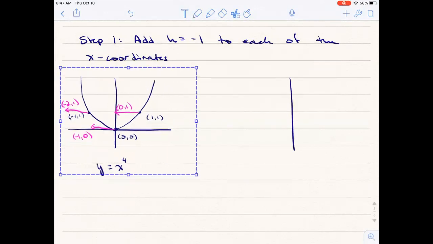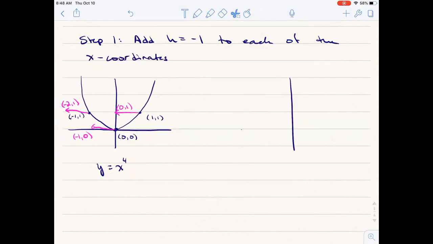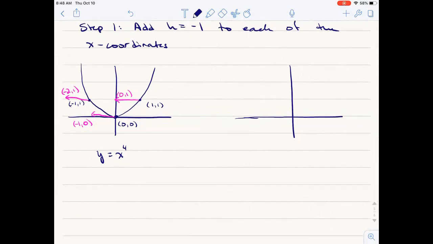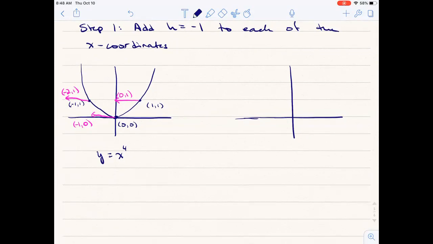Just going to bump this so it's on a line. So our new origin is at negative 1, 0.